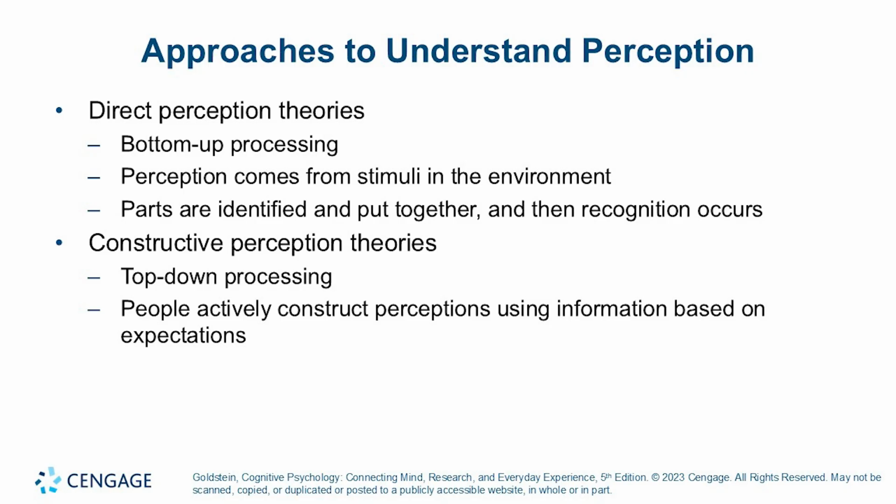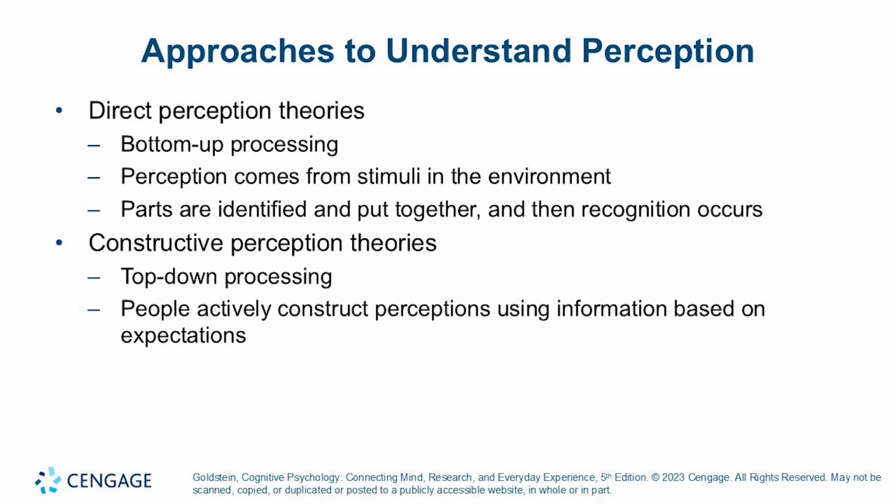The first is what's known as the bottom-up approach, where the root of everything is the information that's coming in, and then everything is built up from there. However, there is the alternative way of looking at it, known as constructive perception or top-down processing, which is more in favor by modern researchers.